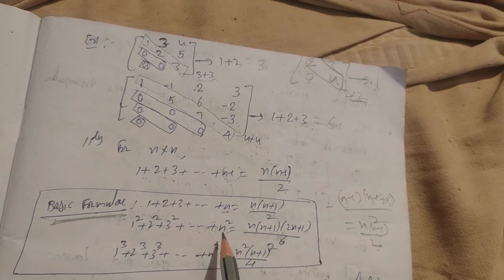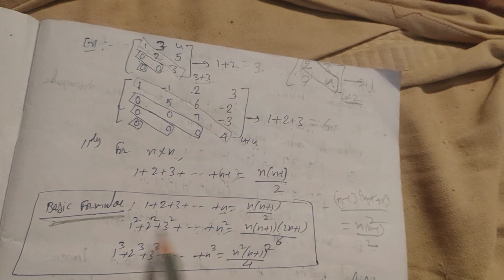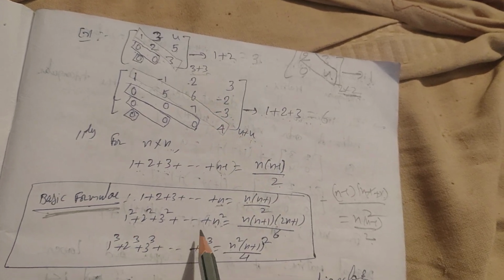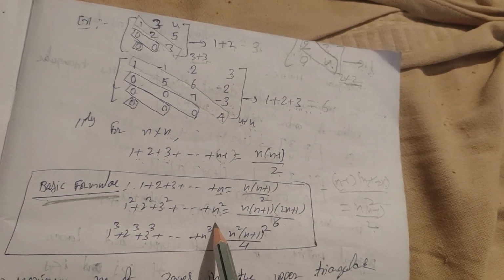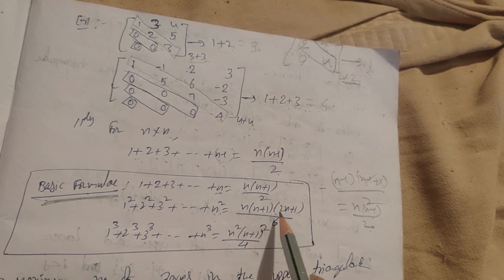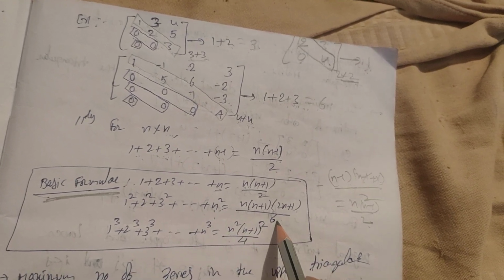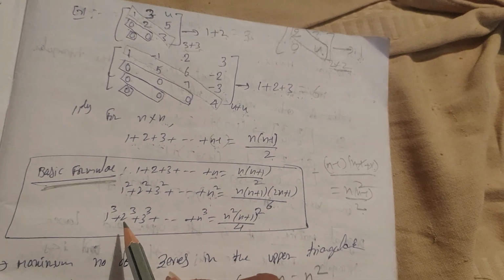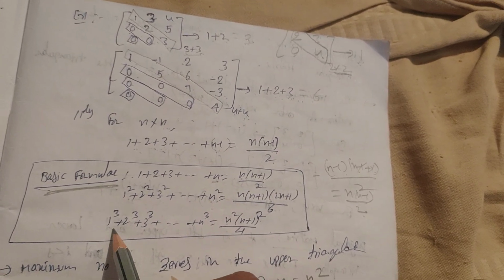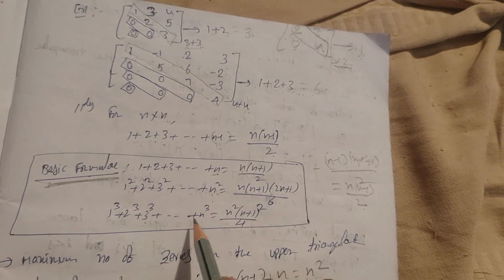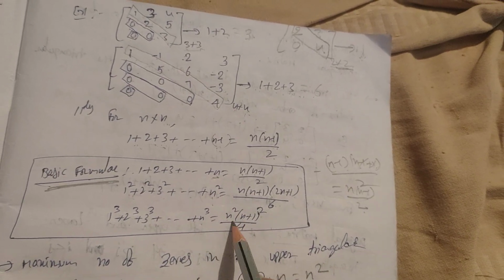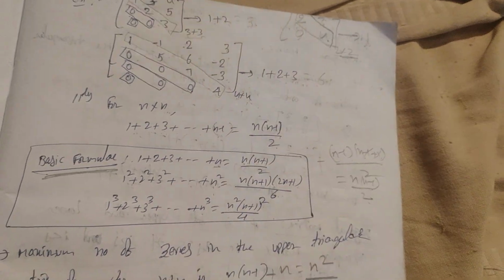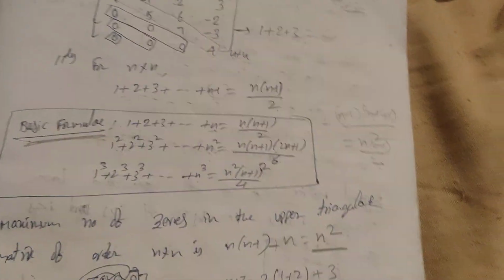The sum of the squares of the first n natural numbers, 1 square plus 2 square plus 3 square plus up to n square, is equal to n into n plus 1 into 2n plus 1 by 6. The sum of the cubes of the first n natural numbers, 1 cube plus 2 cube plus 3 cube and so on plus n cube, is equal to n square into n plus 1 whole square by 4. All these three formulas you should remember.